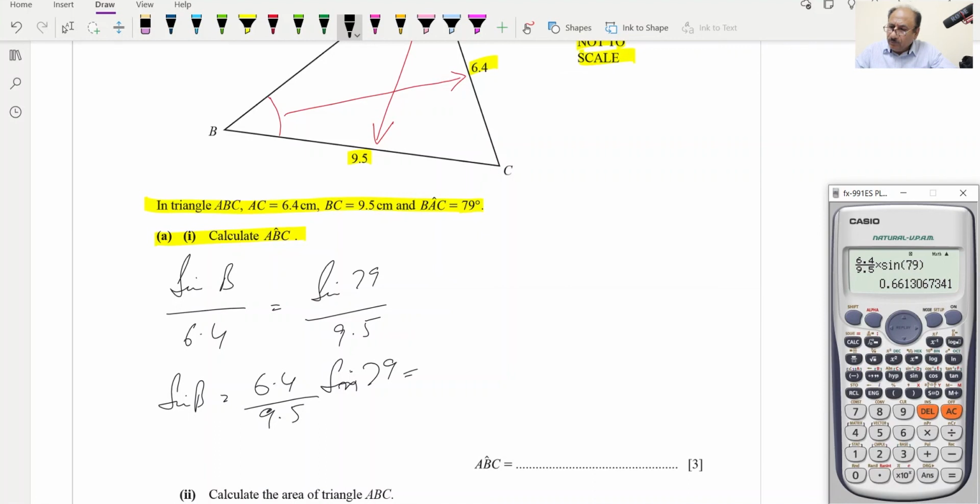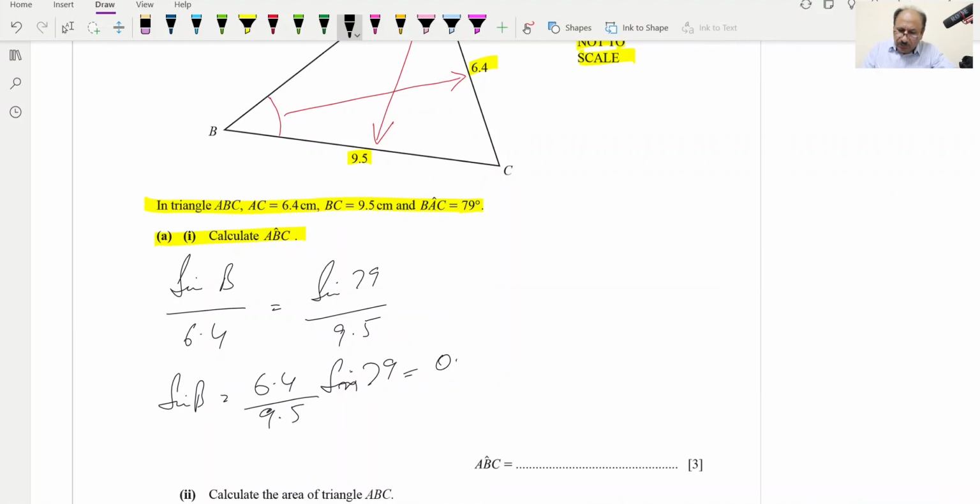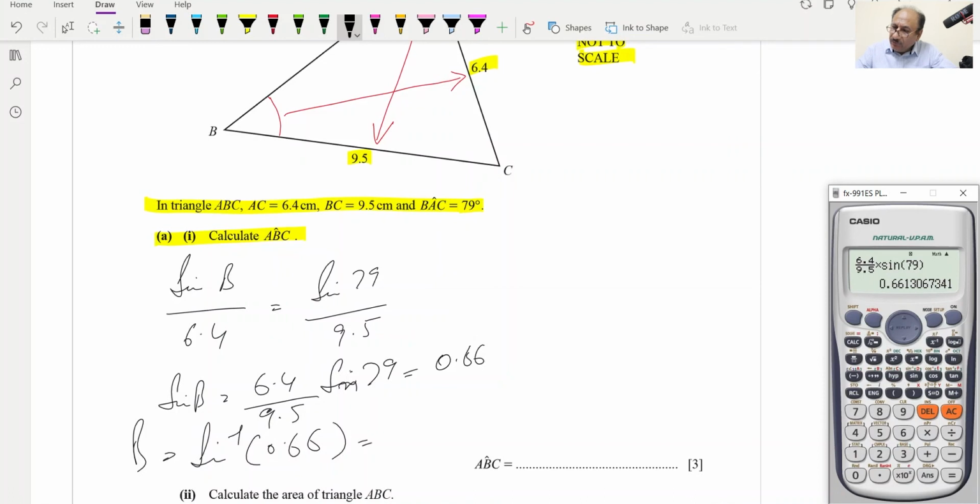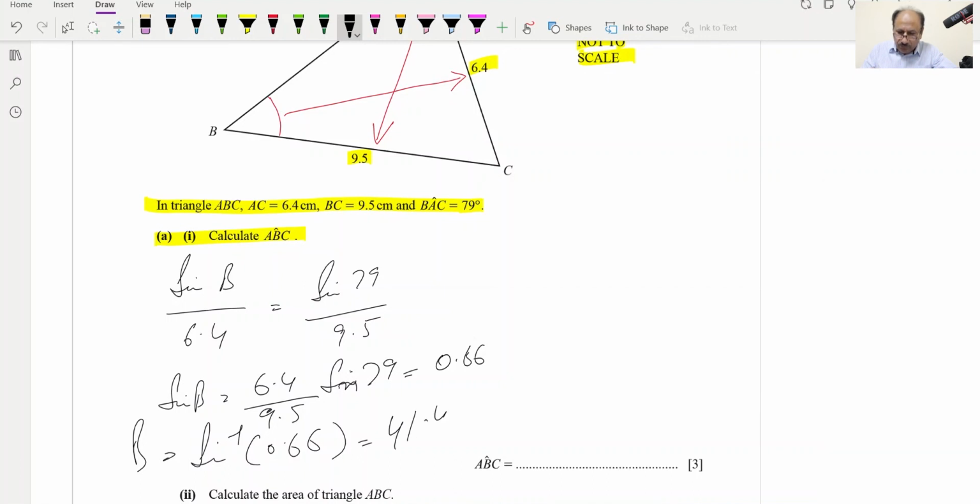Okay, no mistake, it's fine. 0.66, and we will find B with sine inverse. So sine inverse of 0.66 will be the B angle, not beta. B is equal to 41.399, or we can write 41.40 degrees.